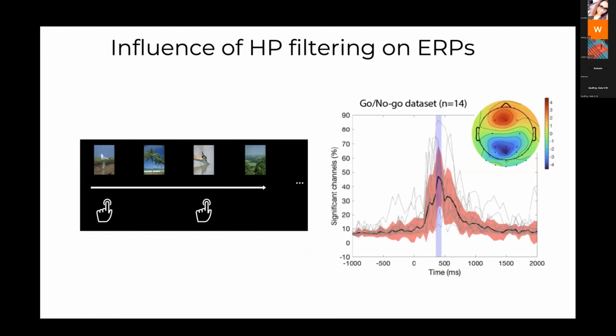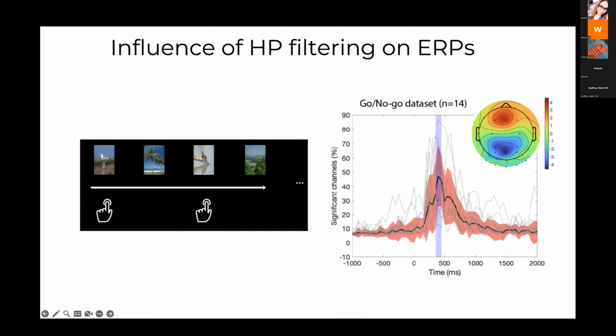And here we are looking again at the influence of the filter on the ERP. This is again one of the free tasks, and it's actually the same methodology being used here, just giving you a little bit more detail. We're going to take the ERP, and this is the ERP of the difference.